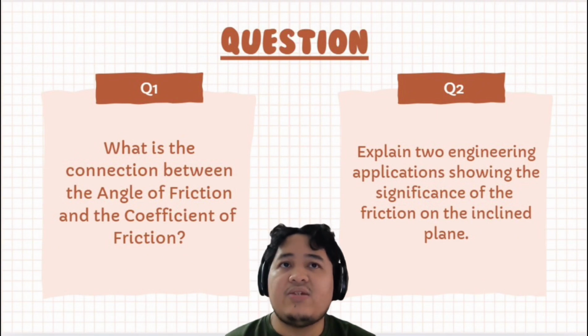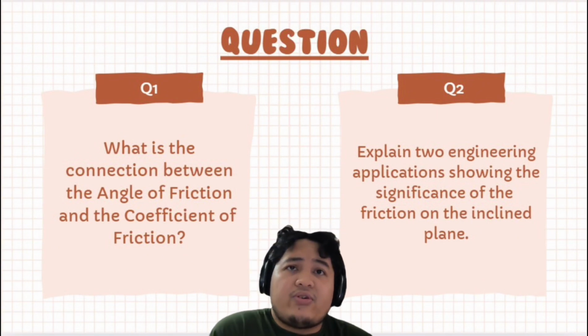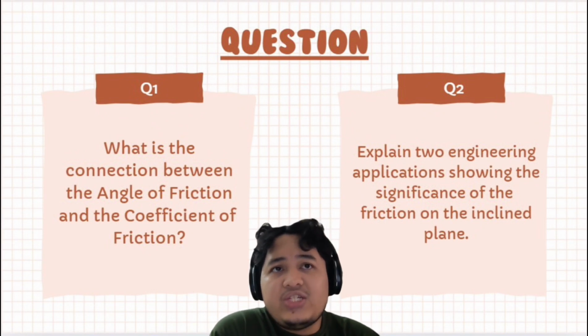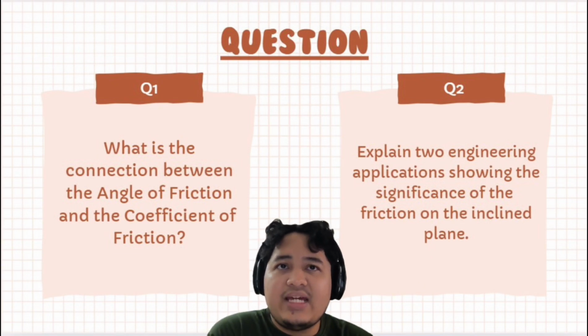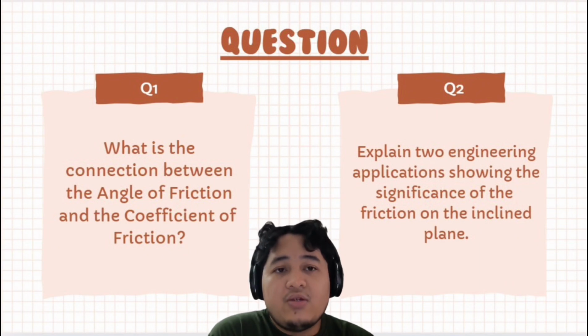The working principle for this application is that friction between the belt and the material ensures that the material stays in place during movement, preventing it from slipping or rolling back.